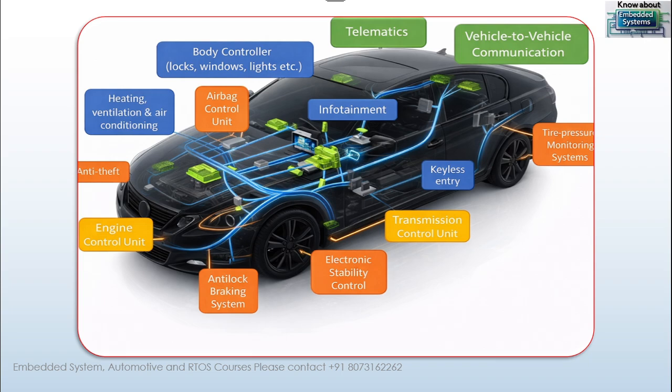You can see here ABS, engine control system, stability control, transmission control, keyless entry, TPMS and so on. In any modern car, you're going to find more than 20 to 25 different ECUs. But what is this ECU and what is inside the ECU? That part we will understand.